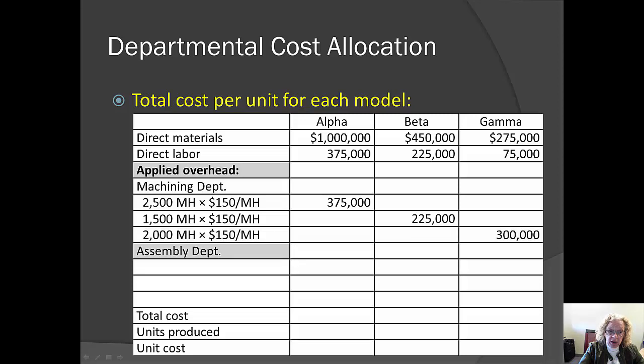In the assembly department, we're going to take the total amount of labor costs in assembly, multiply it by our 66.67% allocation rate, and that tells us that since the alpha motors use $375,000 of labor costs, those motors are going to be assigned $250,000 of assembly department overhead.